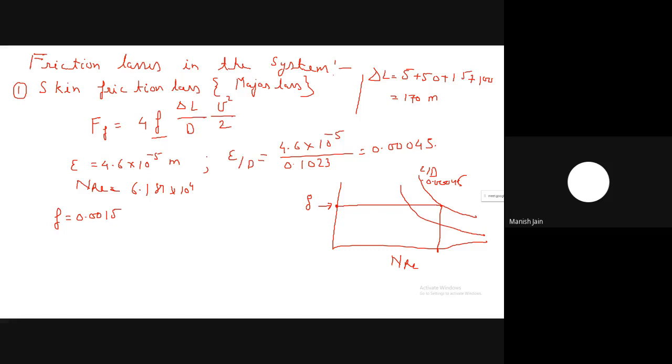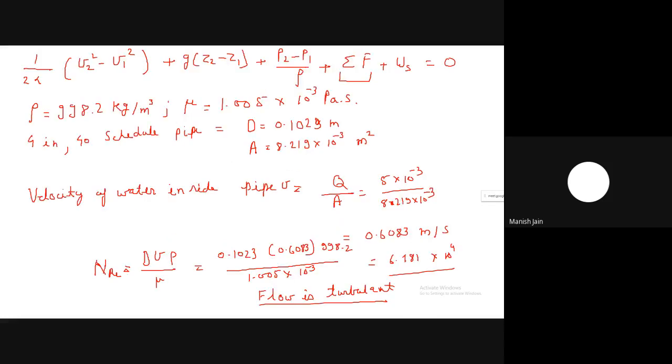Just substitute delta L equal to 170 meter. D and V square values are already known. So just substitute the values in the equation. So you will get the friction loss: 4 multiplied by 0.0015 multiplied by delta L by D. Delta L is 170, D equal to 0.1023, multiplied by V square. V value is calculated as 0.6083.